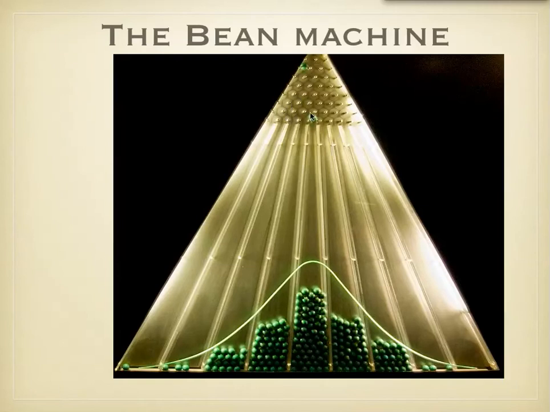If these beans were perfectly balanced, they would just randomly go here, then here or here, then here or here, and so on until they came down. And you can see that at the end, given the randomness of this device, beans will still collect along this kind of distribution, this bell curve kind of distribution.